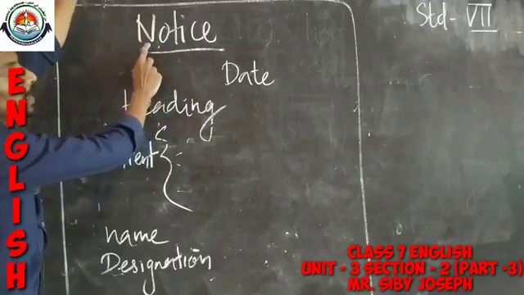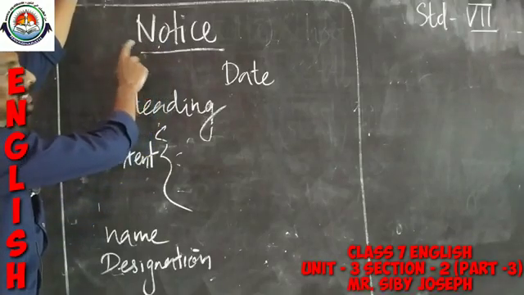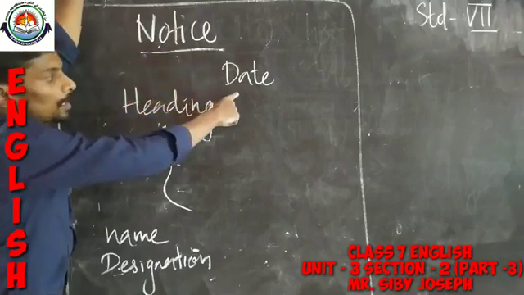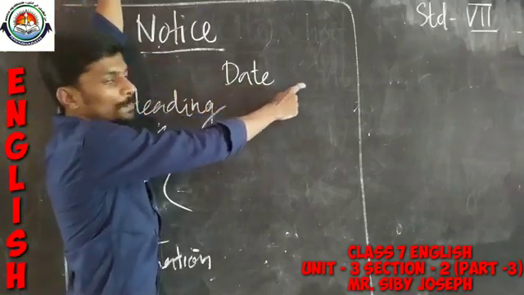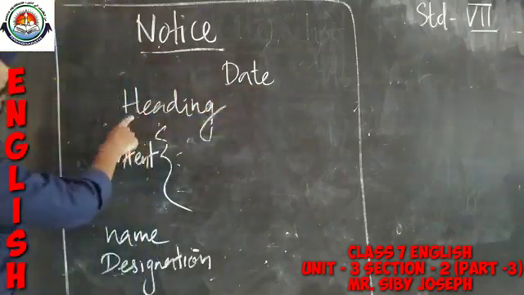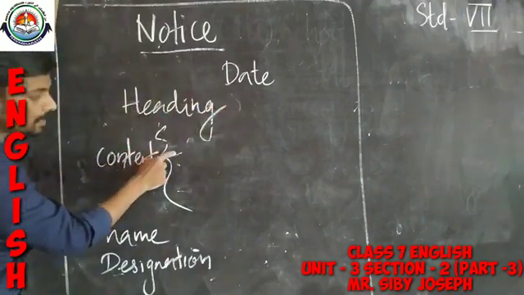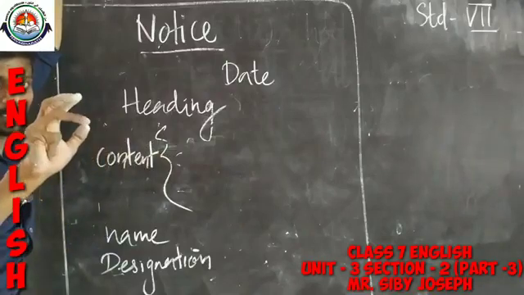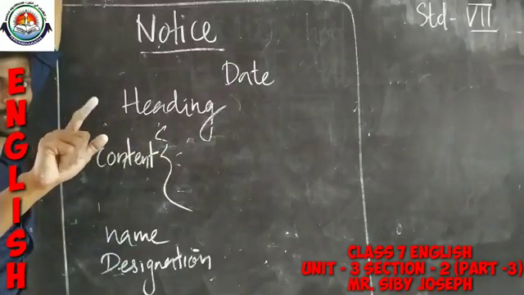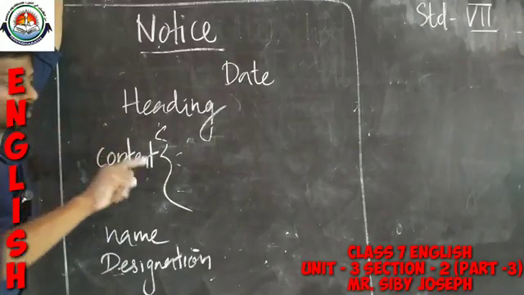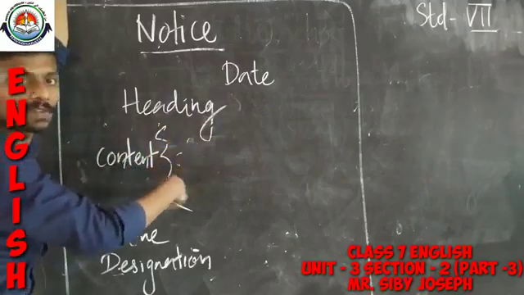First of all, the title as notice, then the date on which the notice is being published, then the concerned heading, then the content. In this portion, you have to mention the date, venue, time, and the highlight, and also the invitation.